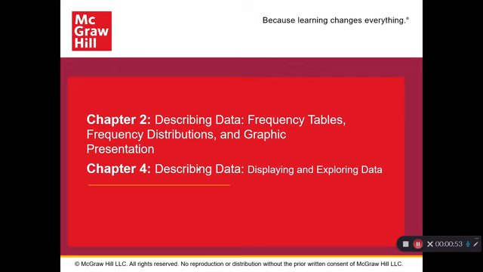We'll cover all about frequency distributions and various ways to use them. And chapter 4 is about displaying and exploring data. In other words, we will be exploring data visualization using various techniques.